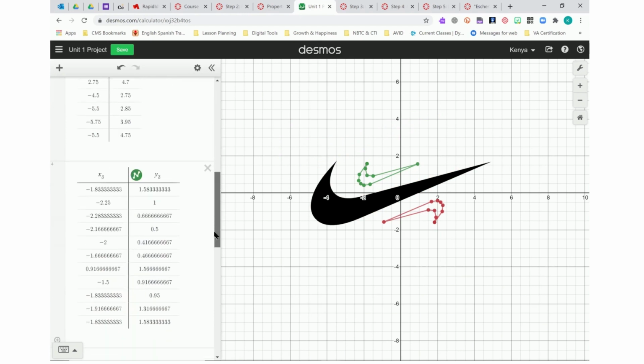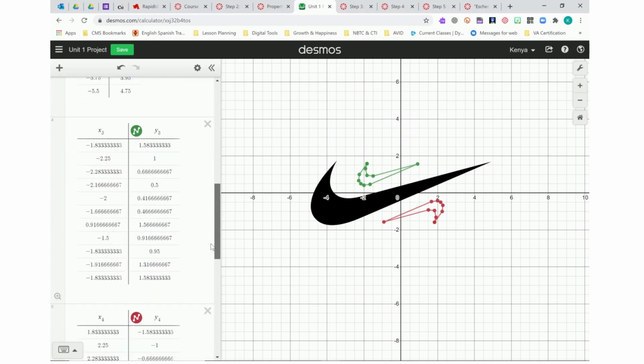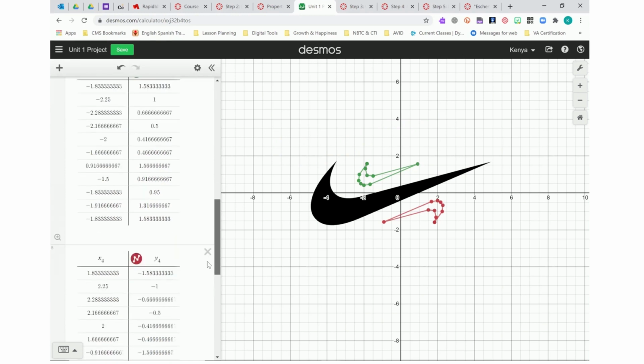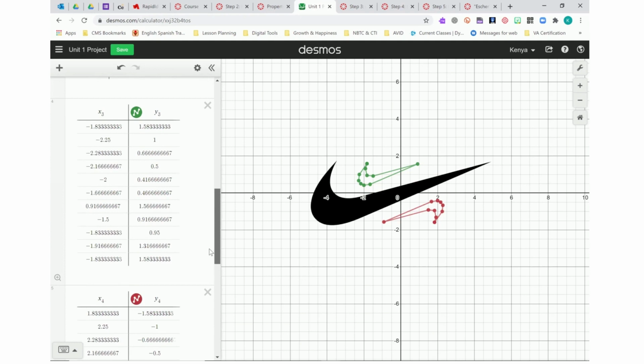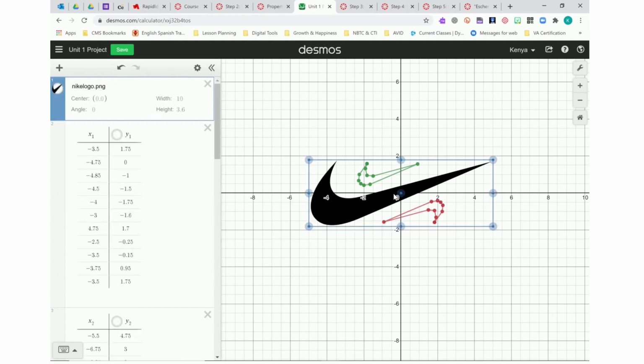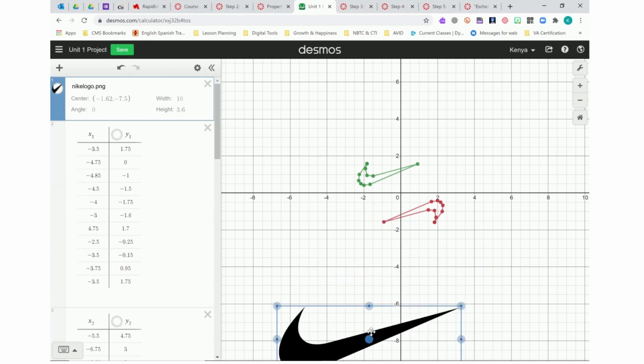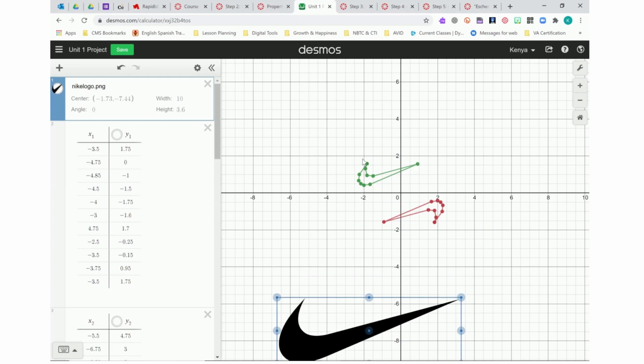The pre-image for my rotation was a dilation, so I'm going to keep that one on along with my rotation. I'm going to go ahead and move this graph, my original picture, out of the way so I can look at my picture carefully.